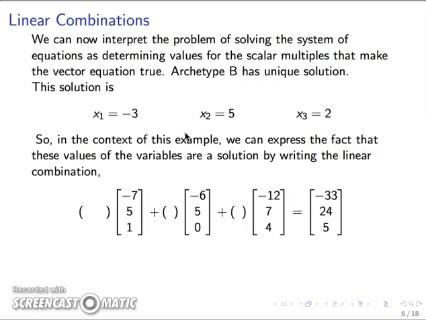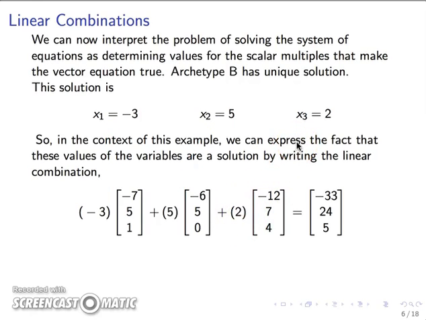And that means that if those values are plugged in, if we write -3 as a scalar in that scalar multiplication, and something similar for x2, we write 5 for the second scalar, and then we write 2 in the location of the third scalar. So this would look in this way.